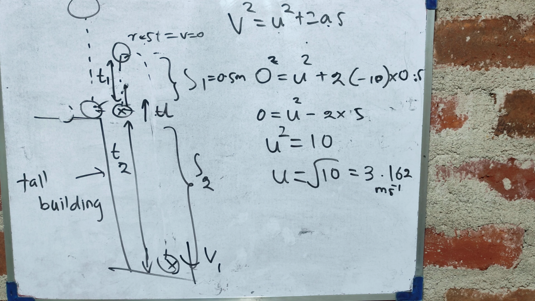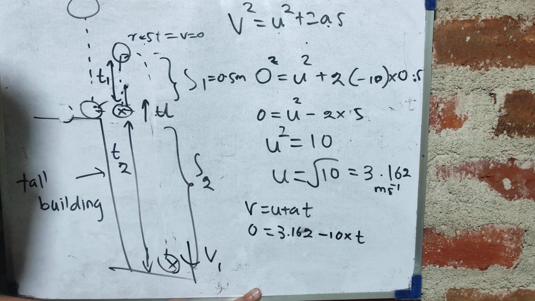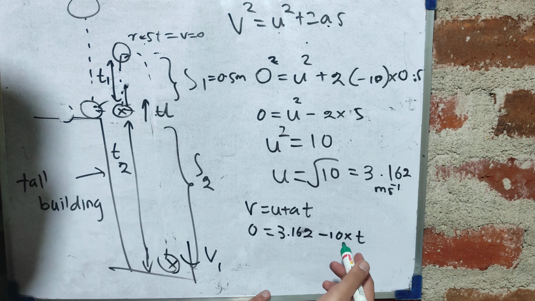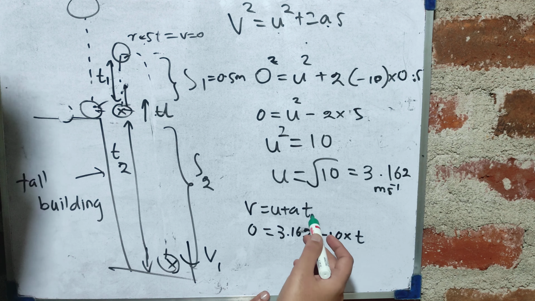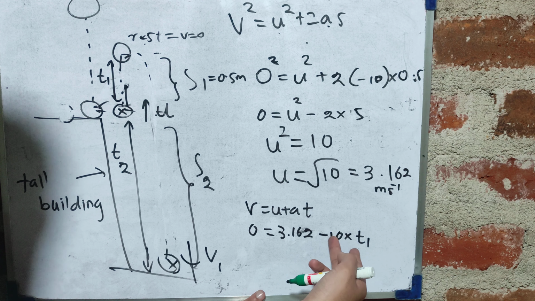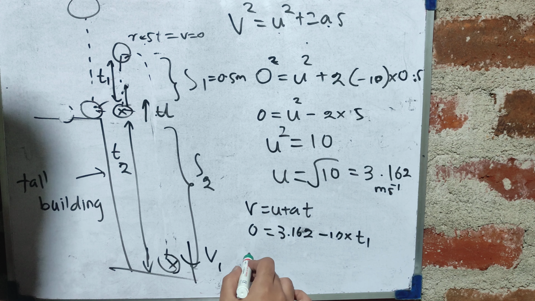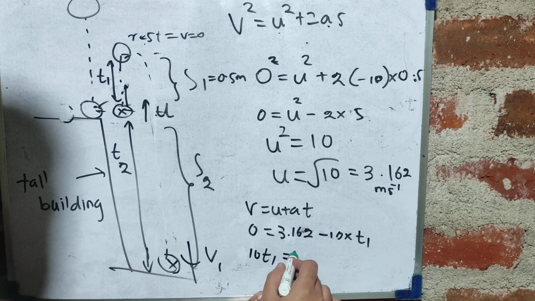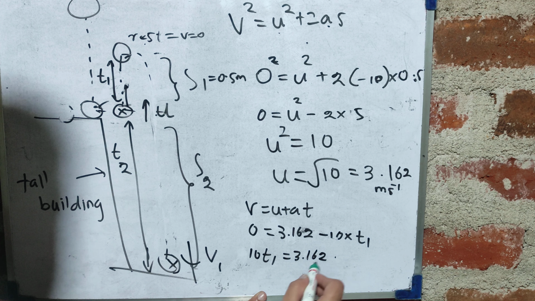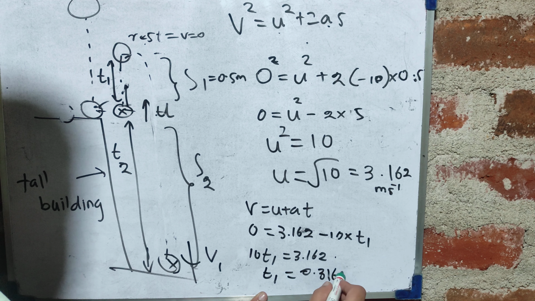Initial velocity is 3.162, and it's moving in the upward direction, so acceleration is minus 10, so minus 10 into t. I'm going to find this t1. Taking minus 10 t1 to the other side, 10 t1 is equal to 3.162. So t1 is equal to 0.3162.